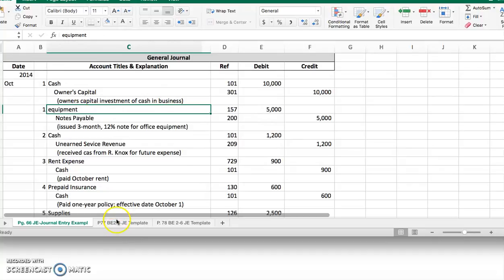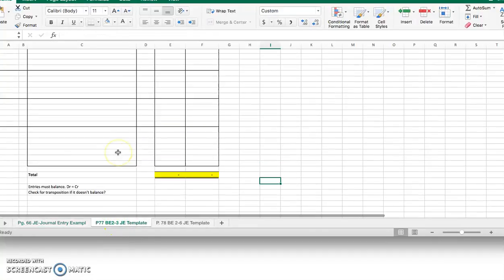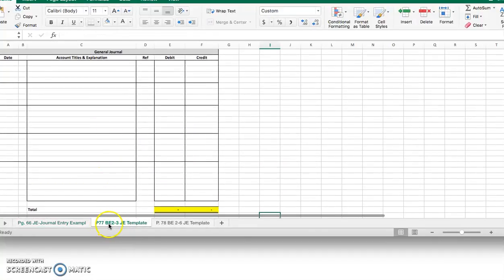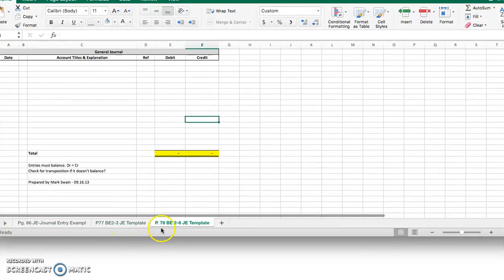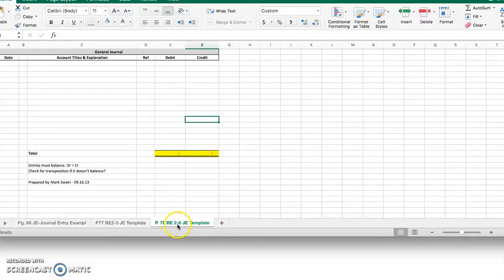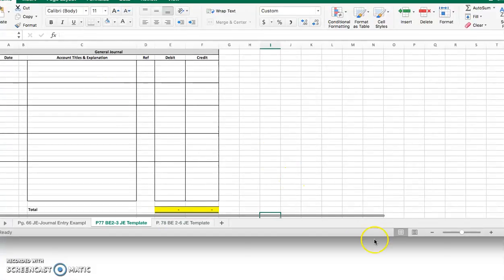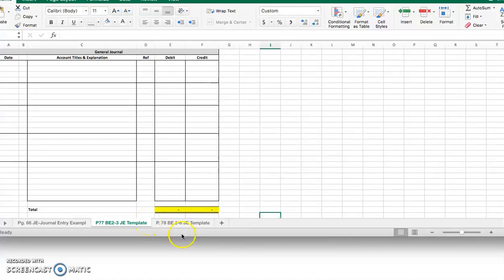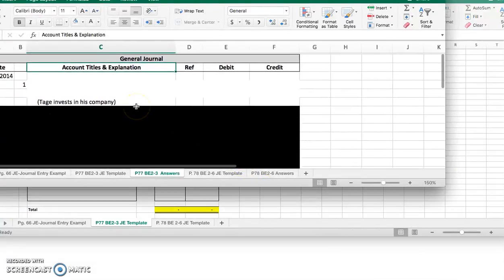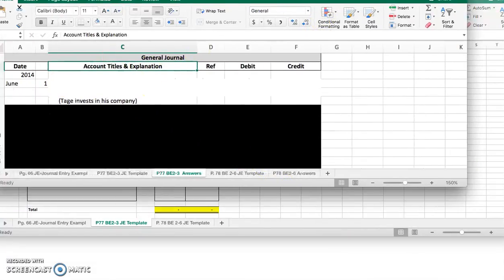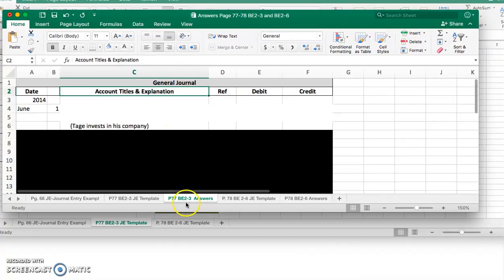I've given you a template. The first one here is for page 77, BE2-3, and the next template is page 78, Brief Exercise 2-6. You need to complete these journal entries, and I will give you a quick example of what it should look like. On page 77, it talks about Tage Oslo. You would go in and complete the template.